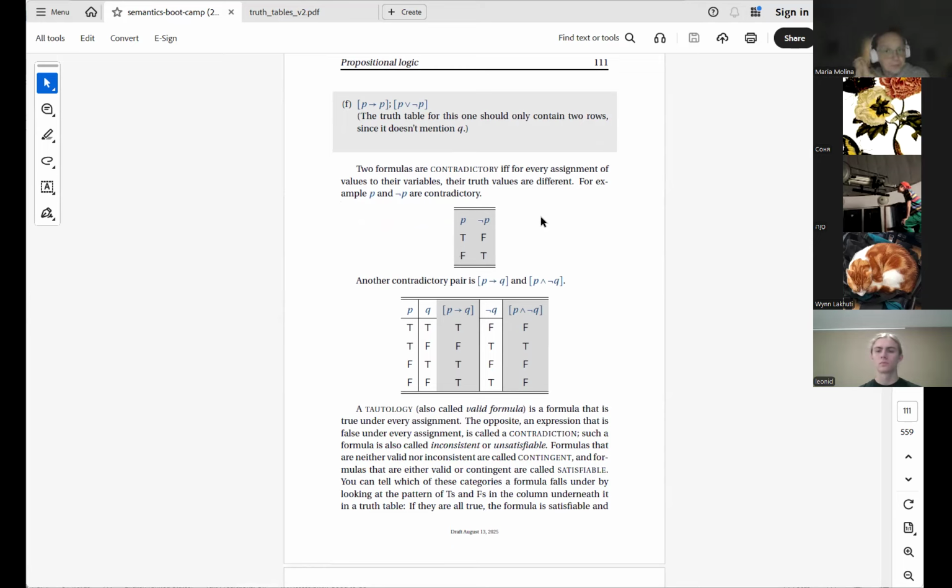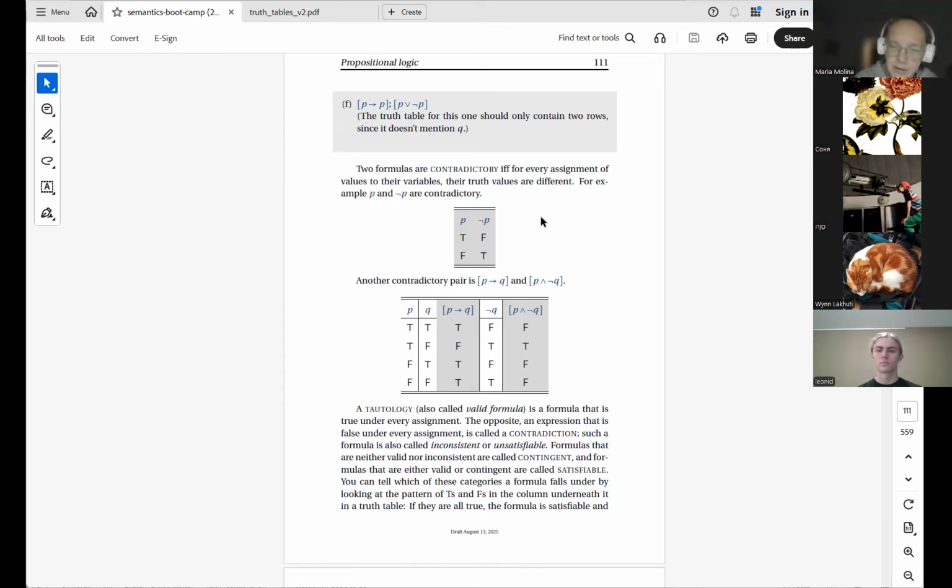Now we go on with contradictory formulas. Two formulas are contradictory if and only if for every assignment of values to their variables, their truth values are different. For example, P and not P are contradictory.